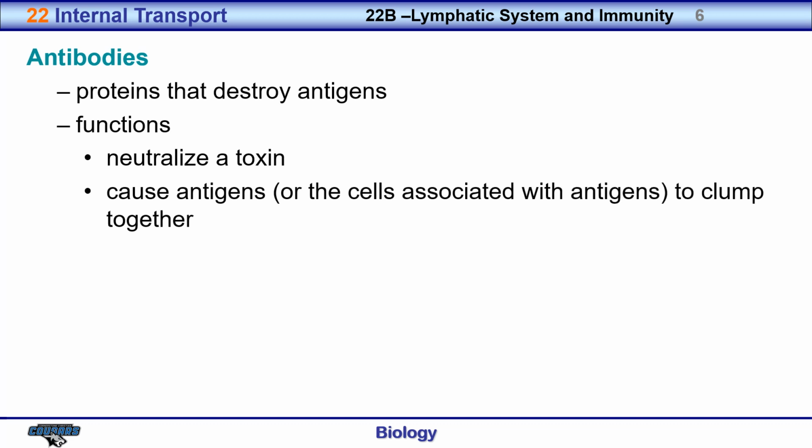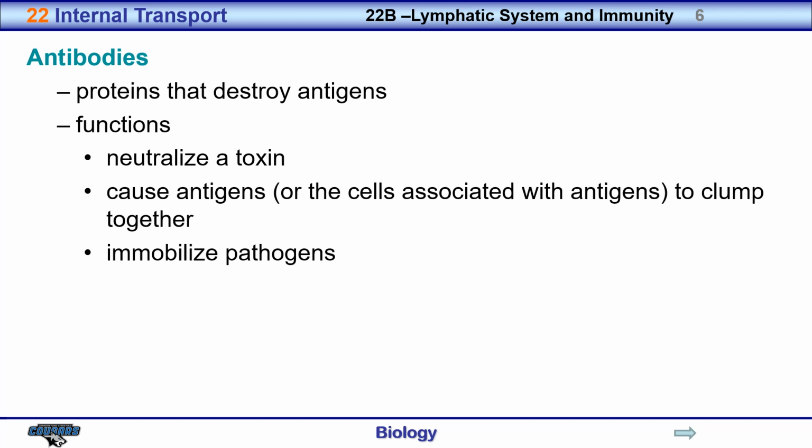It also can function as what we call precipitation. Some antibodies cause precipitation, and that's the formation of clumps of bonded together antigens. And then we have immobilization. The antibodies can cause the immobilization of cells by reacting with their flagella.